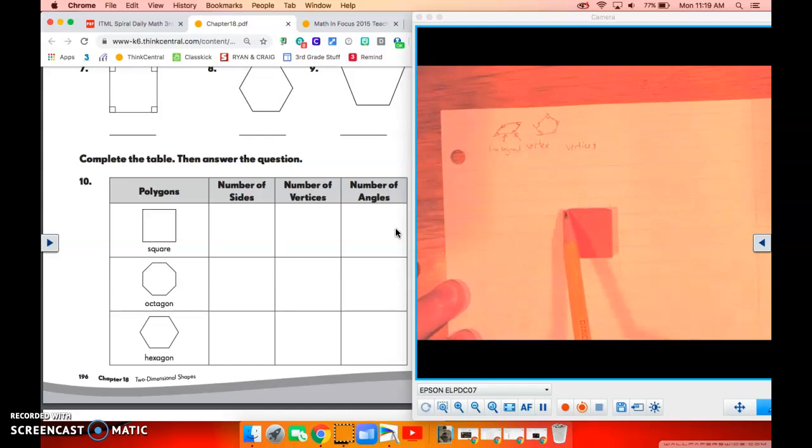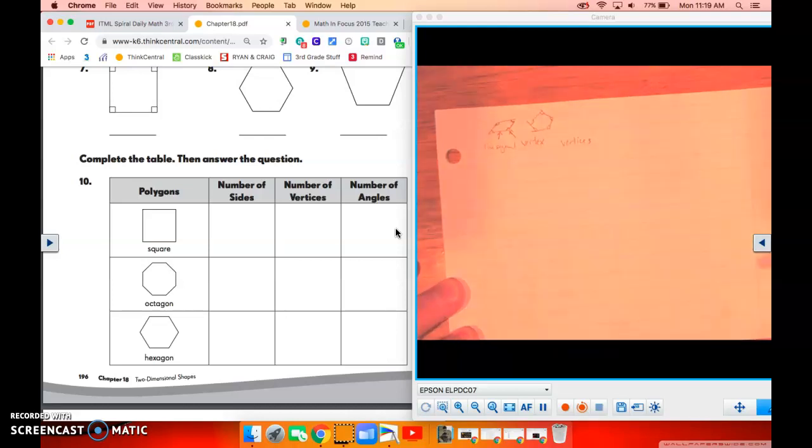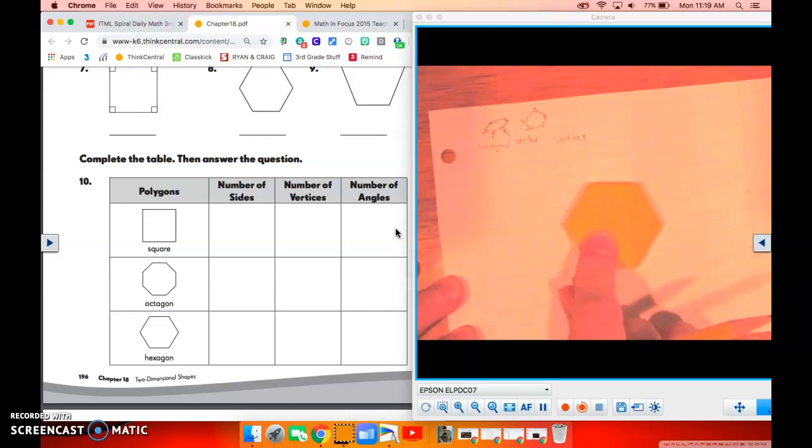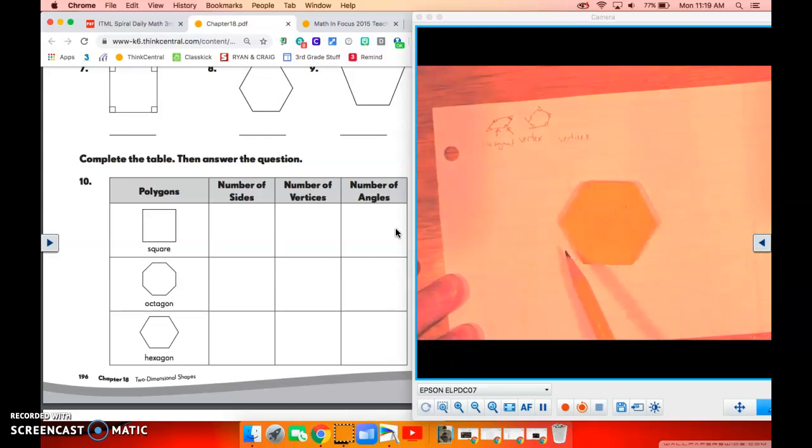Number of vertices, that's how many corners, right? 1, 2, 3, 4. Number of angles, 1, 2, 3, 4. I'm going to skip the octagon for a second and use the hexagon right now. Number of sides, 1, 2, 3, 4, 5, 6. Number of vertices, 6. Number of angles, 6.